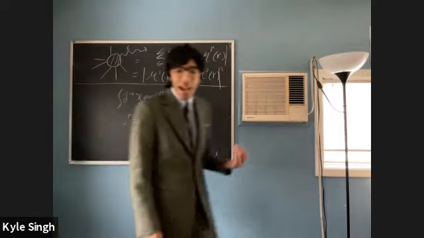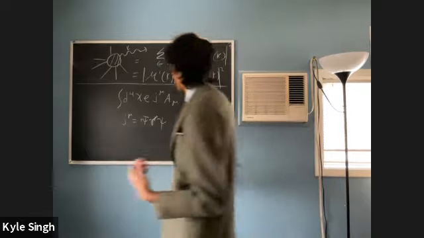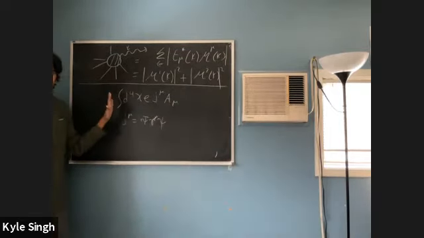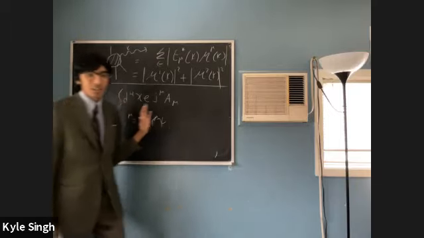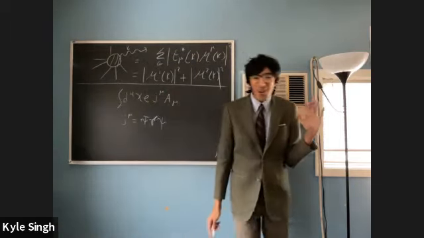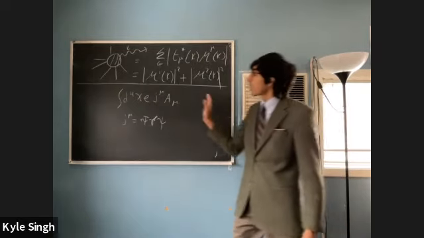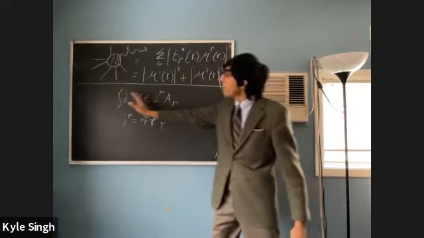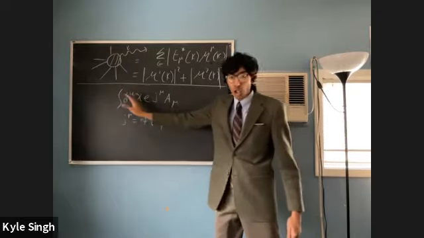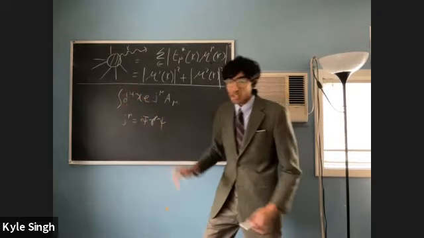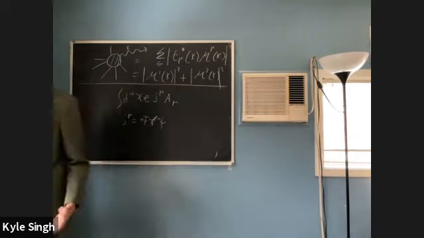So we expect, is this okay? Have we seen this kind of expression? I hope so. This is why it's so important to do your homework reading. We expect that the matrix element for M mu should have to do with this. So in other words, how can I write this?